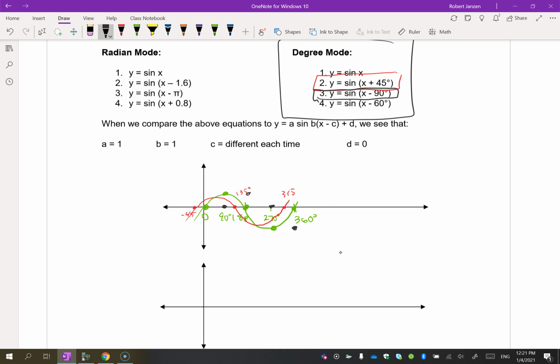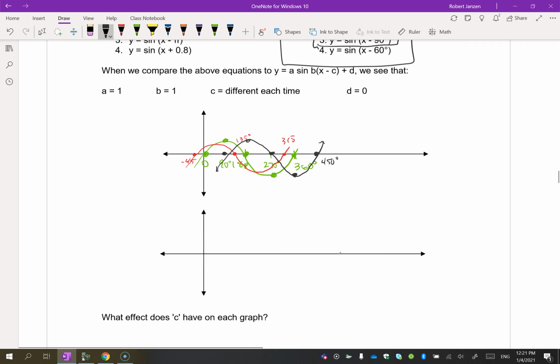This one 90 degrees this way, and this one 90 degrees here, so it'll be at 450 degrees. And so this graph will look like that. Okay. Number 4. It would move right 60 degrees. We'll leave that one for now. Okay, I'm going to show you how this graph is identical, but now we're at 2 pi instead.